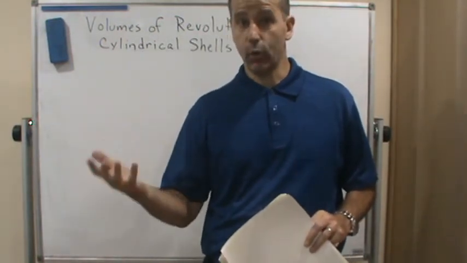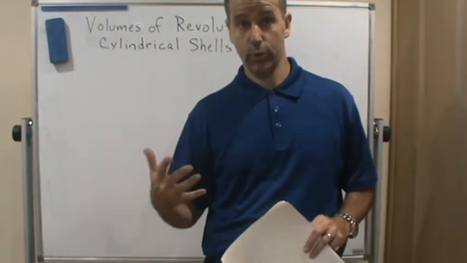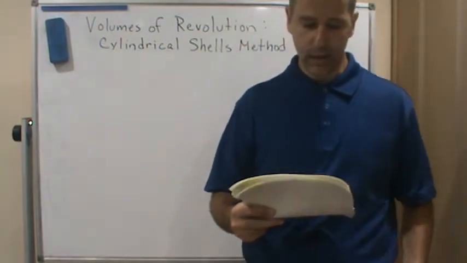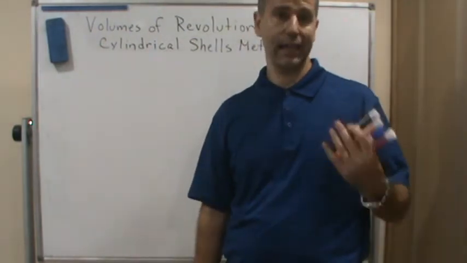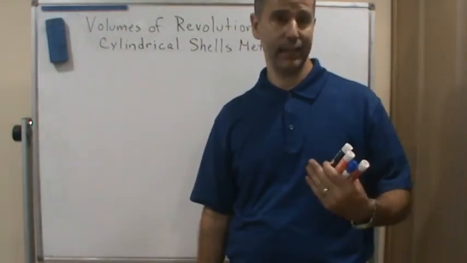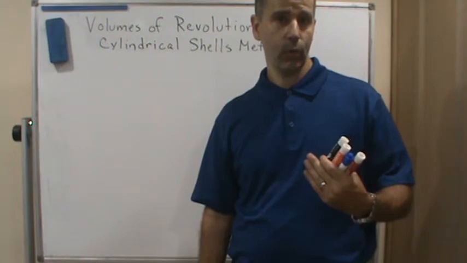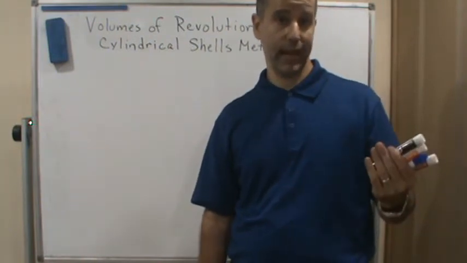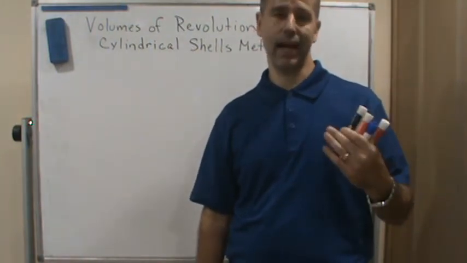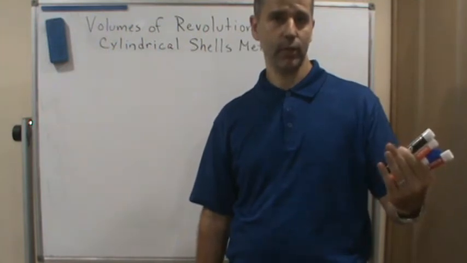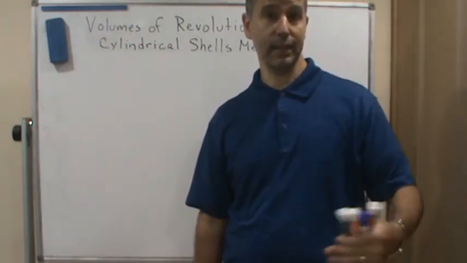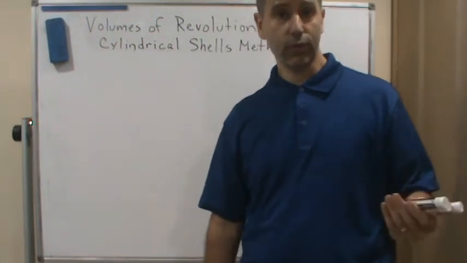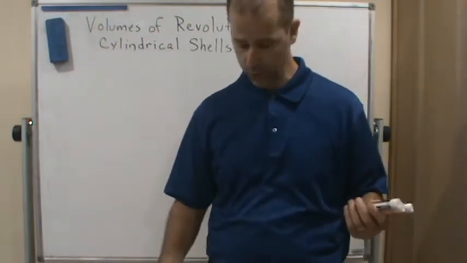And also understand whether there's a cavity of some sort, or a part of the graph that's missing when you sketch it out and rotate it. That's going to also tell you which one you should use.